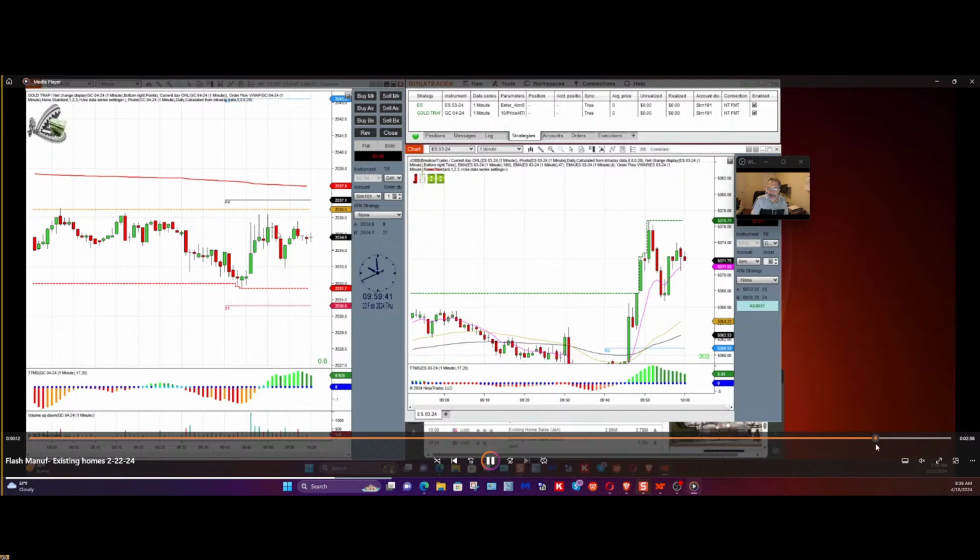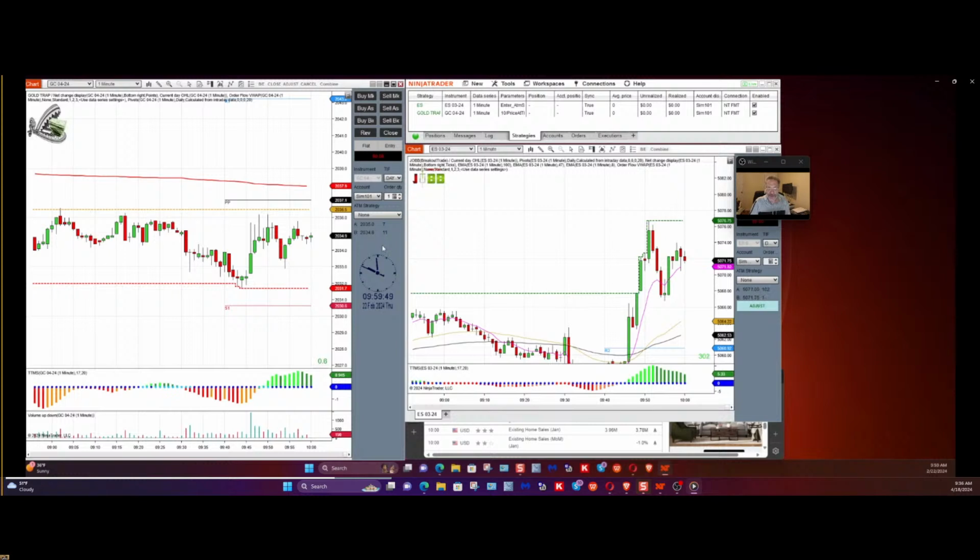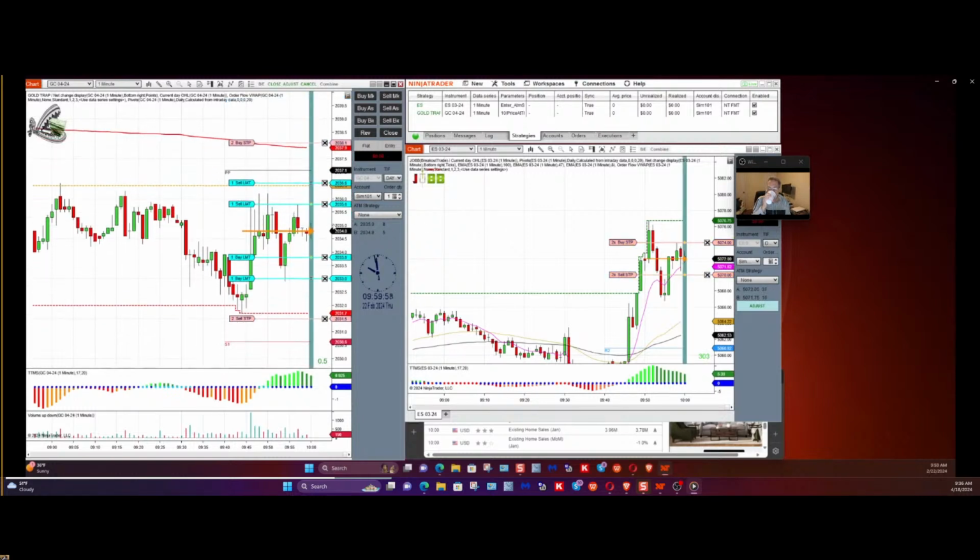So here's February 22nd. Existing homes. We were trying a trap trade, okay? But you could still tell, is there a breakout? That works. So we're looking at the breakout. I don't care what the trap does because that's not our preferred method right now.